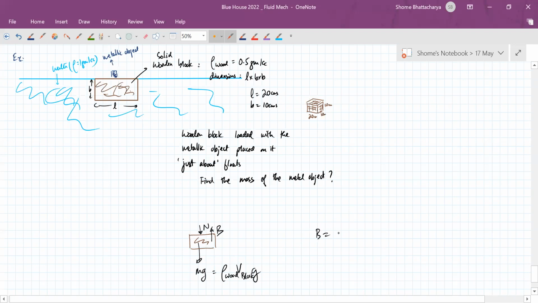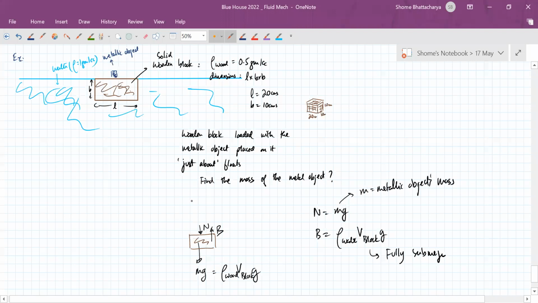Now the buoyant force will be equal to density of water into the total volume of the block into g, because it's fully submerged. And this normal reaction will be equal to the weight of the metallic object. This is one way of doing the question, understanding that the metallic object is experiencing normal reaction.